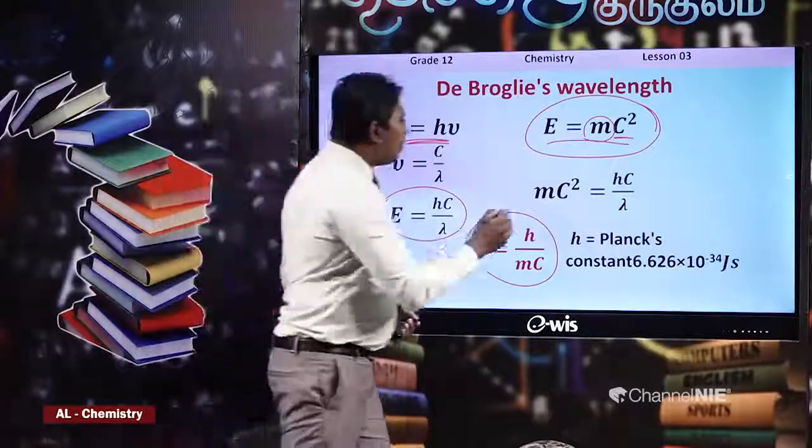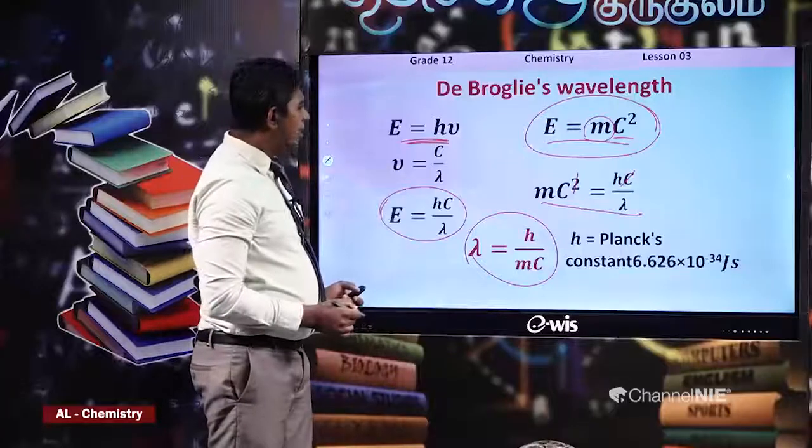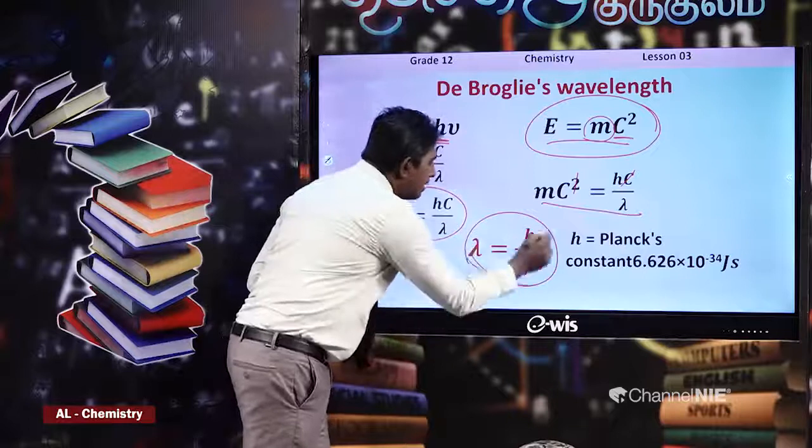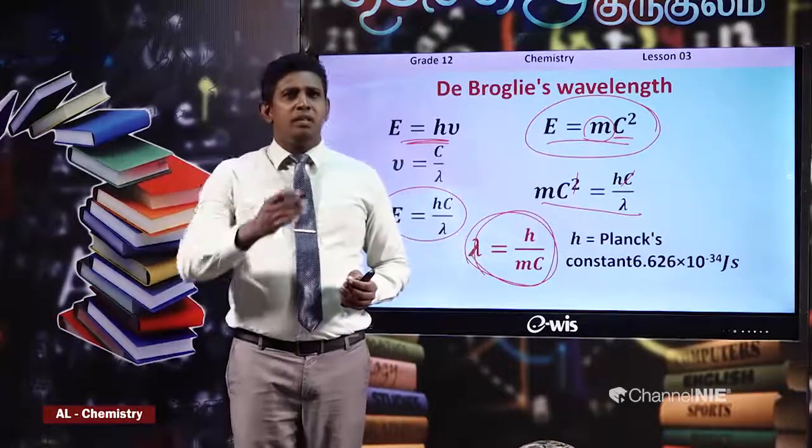Then it was the photon's energy equals mc squared, according to Albert Einstein. Combining those two together, one of the c's would get cancelled with one of them. So then he finally derived this equation to find out the wavelength.